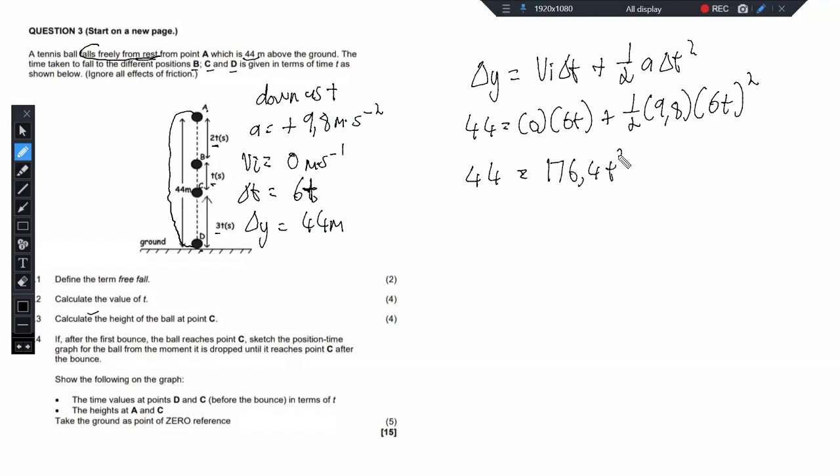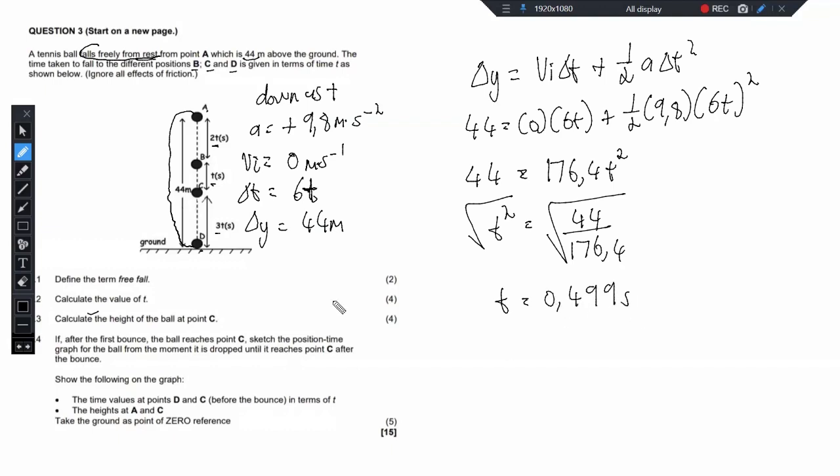It's supposed to give me 176.4 t square. Right. Now, in order to solve this, t square equals 44 divided by 176.4. And then in order to get rid of the square there, I need to square root both sides. And then this will give me 0.499 seconds. So I'm just rounding off to 3 decimal places. And obviously, if you were to round off to 2, this would be 0.50 seconds, right?